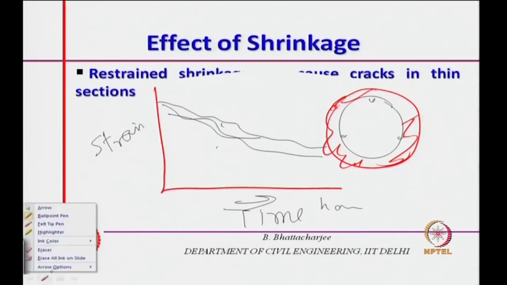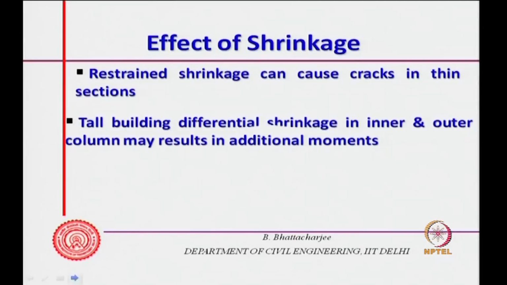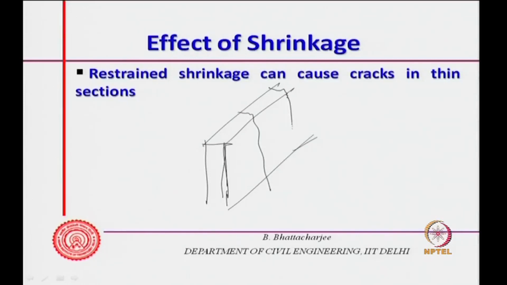Now, what is the effect of shrinkage? Restrained shrinkage can cause cracks in thin sections. For example, if you have a thin wall that is restrained, and construction joints have not been given, you might find cracks like this at regular spacing, especially if the curing is improper.